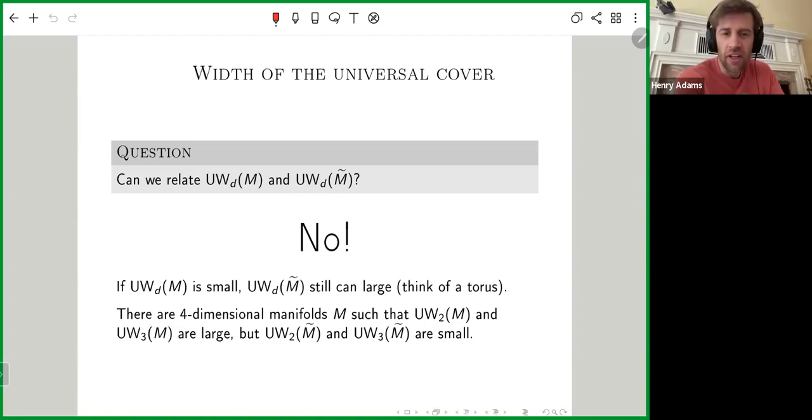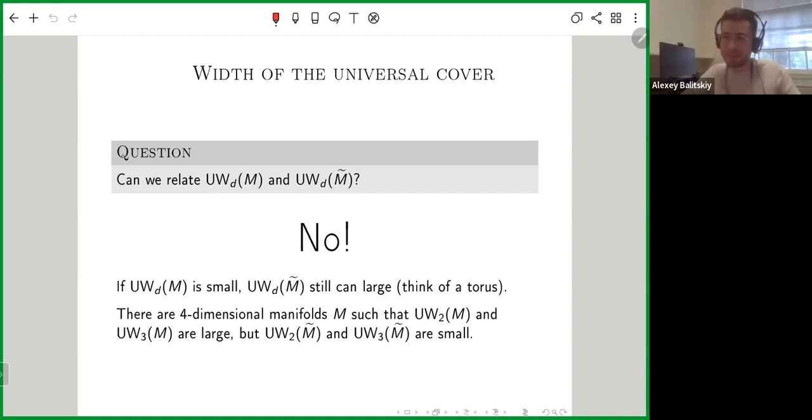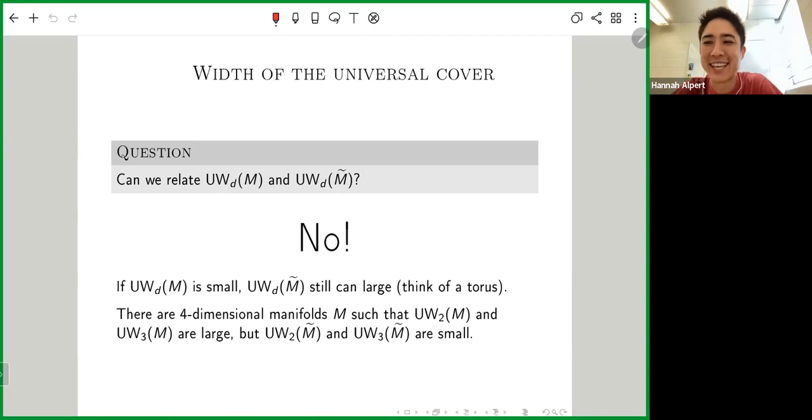Is there a reference you would recommend for these 4-dimensional manifolds? Is this in your thesis, for example? I don't think I wrote this up in my thesis, but maybe Hannah can remind me. Maybe we wrote this in some other joint paper. Somebody else asked me this recently, and I was like, well, it might be in remarks somewhere.